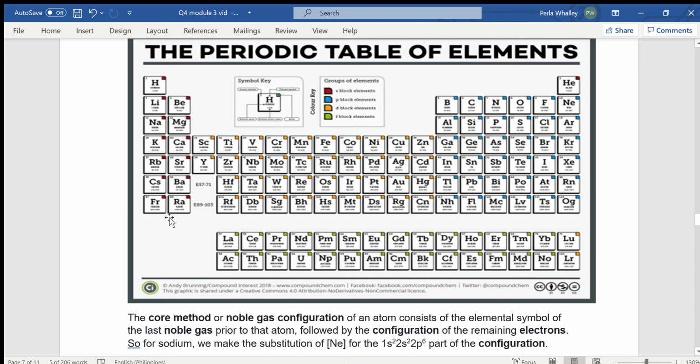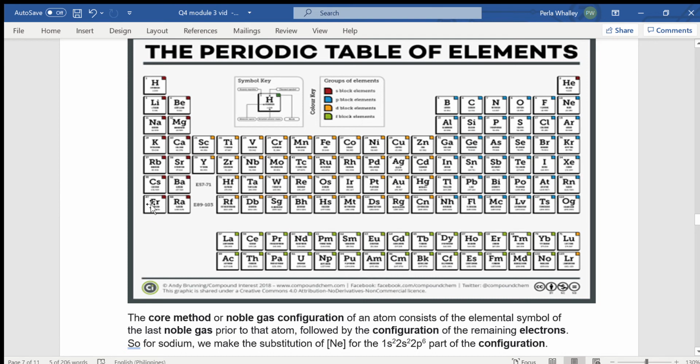For period 6, cesium, lanthanum to lutetium, and hafnium to astatine, it will use xenon as the core.